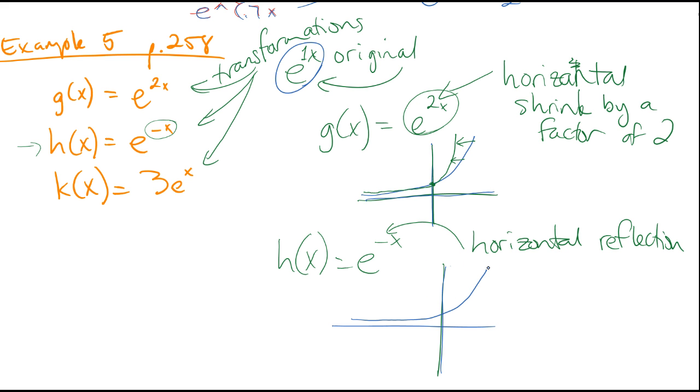Well, it's like putting a mirror here to reflect the left side to the right side, and vice versa. And we actually saw that as doing the 1 over e to the positive x and such, with the bases from the previous section. So horizontal reflection, meaning y-axis reflection, when you have negative exponents.